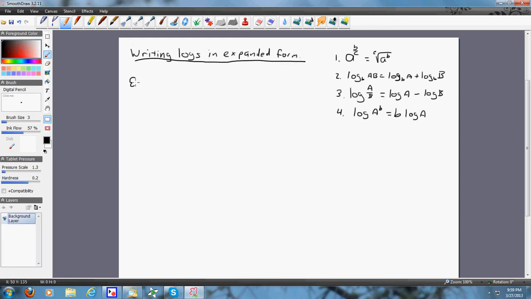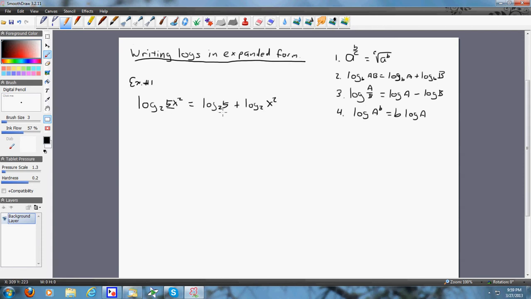Example number 1, it's going to look something like the log base 2 of 5x squared is equal to log base 2 of 5 plus log base 2 of x squared.